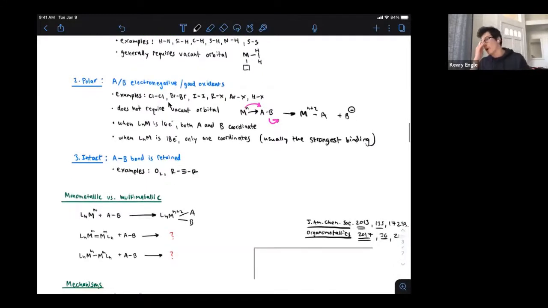And then the last type are so-called intact reactants. We've already seen this actually in a couple of the practice problems we've done. So we talked about O2 and how it can coordinate in this bent fashion and even bridge multiple metals. And then we talked very briefly about this alternative process where O2 can coordinate in the side-on fashion, actually oxidize the metal and then remain as a ligand on the metal.